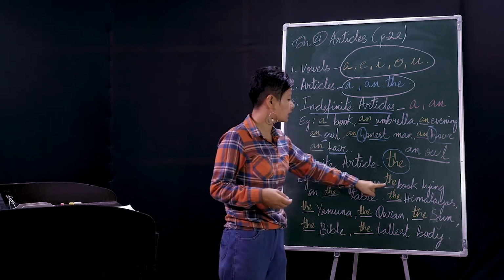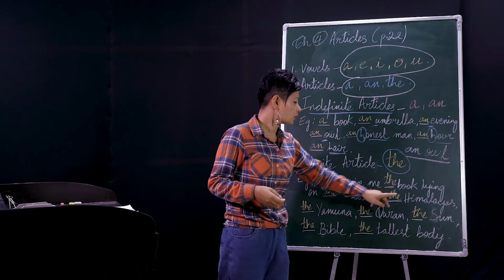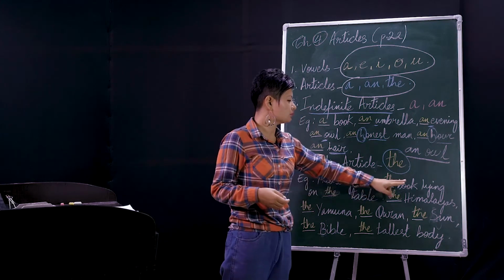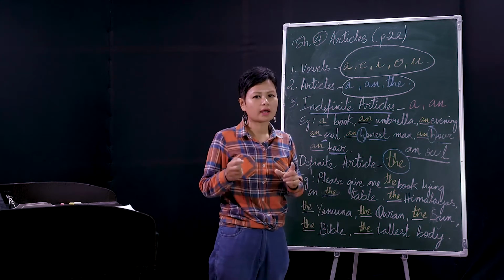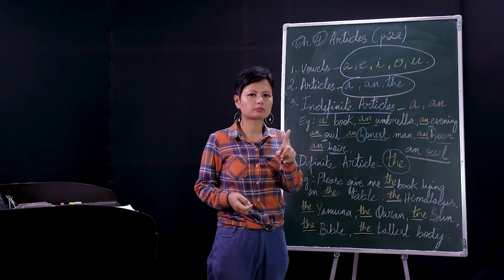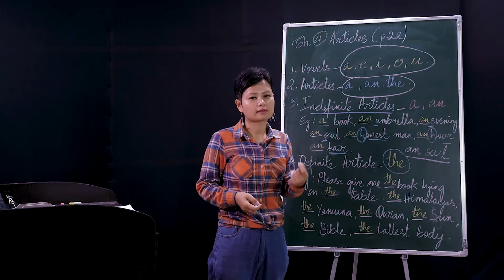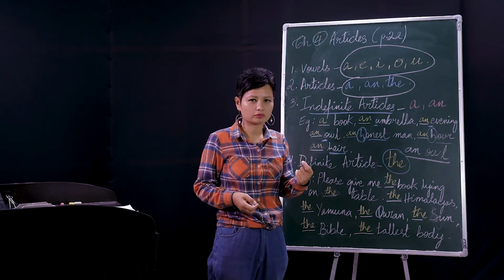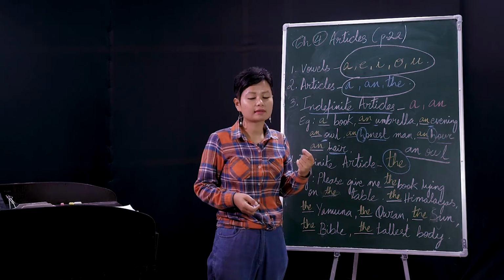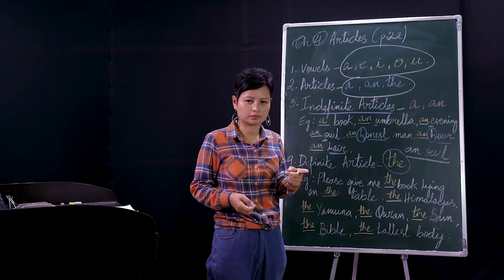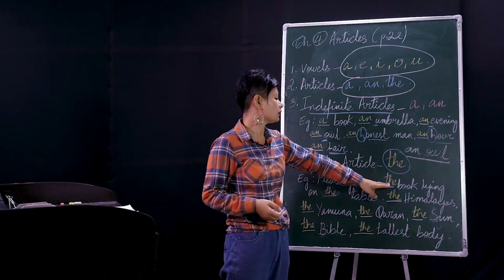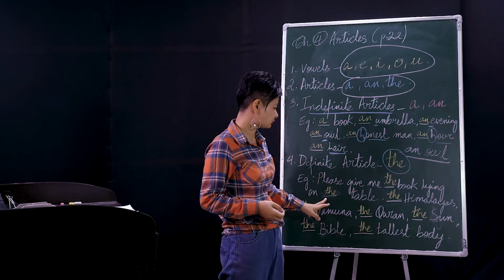But when we say the book, please give me the book lying on the table, we understand that there is just one book lying on the table, and we are referring to that book. So very particular, pointing to that particular book, right? So there we use the, okay?